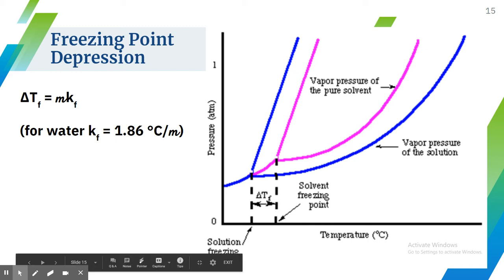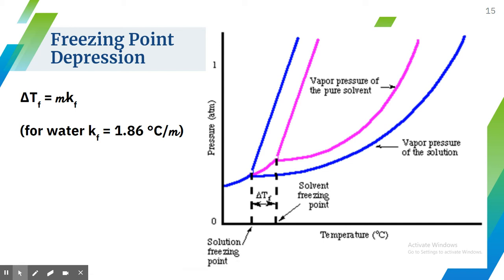But if you mix something in with water, whether it's salt, sugar, or some other solute, you're going to make the freezing point change. Salts are really important in Michigan because we want water to stay liquid in the winter at a colder temperature.